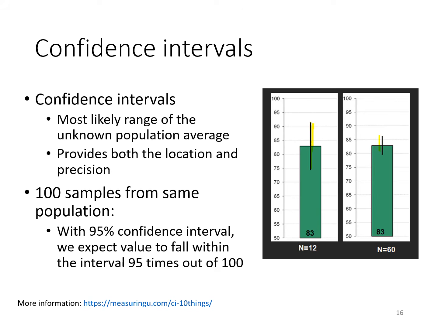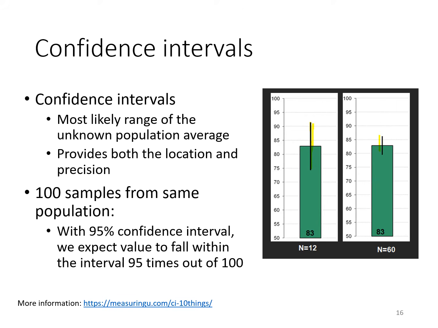Now, when we talk about a 95% confidence interval, we can think about that in terms of if we had 100 samples from the same population, we could say that with 95% confidence, we expect the value to fall within the interval 95 times out of 100.